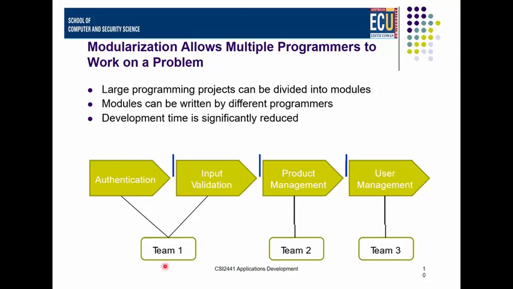And within this team, if the input validation is for maybe 20 forms, then maybe 4 or 5 people are working on that task. They can further divide it depending upon the nature of business they are involved in. Similarly, team 2 can work on product management, team 3 can work on user management.